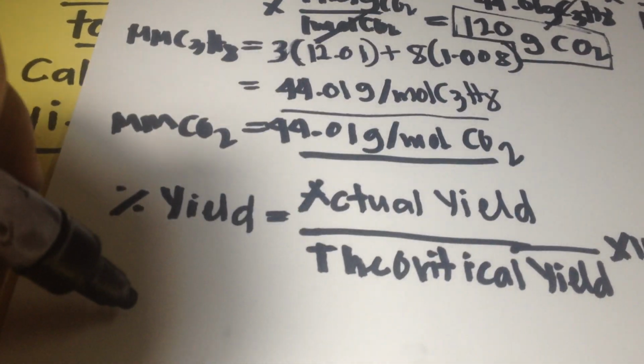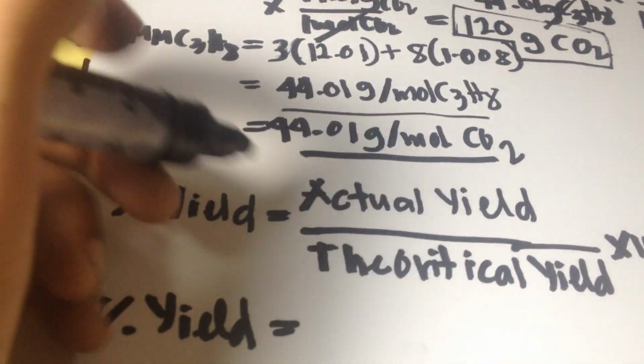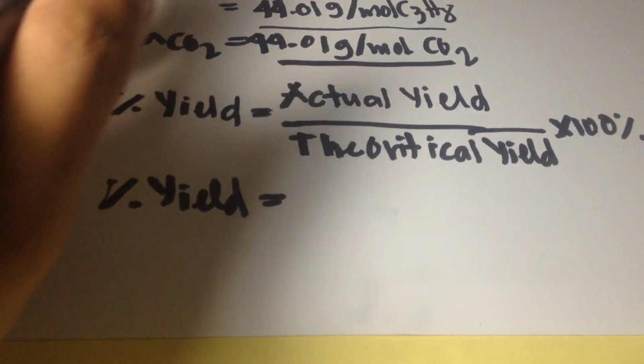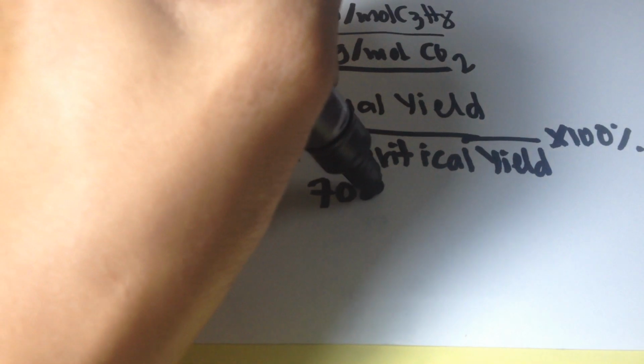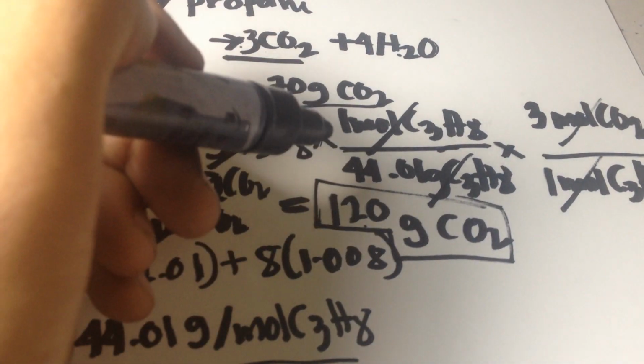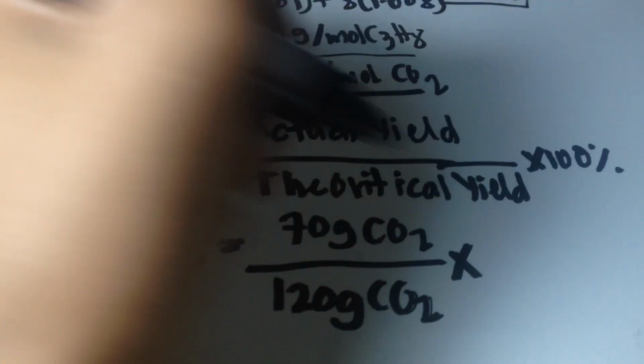So percent yield, actual yield here is 70 grams of carbon dioxide. So 70 grams of carbon dioxide divided by 120 grams of carbon dioxide, times 100%.